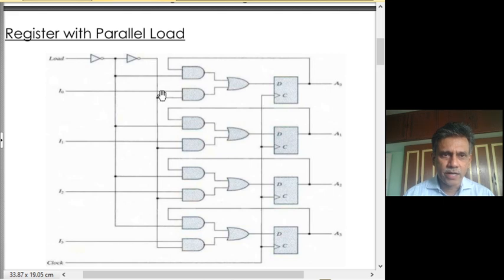When there is a 0 here, the bottom AND gates connected to I0, I1, I2, I3 disable them from propagating, while the top AND gates will have a 1 because load is 0 and this bit is 1. So the top AND gates allow the recirculated bit, sampled from the output of the D flip-flops, to come back and get stored again. So this is a register with parallel load, properly designed.